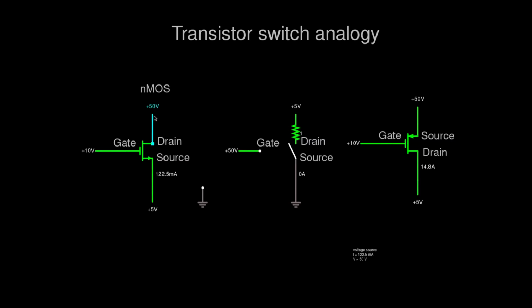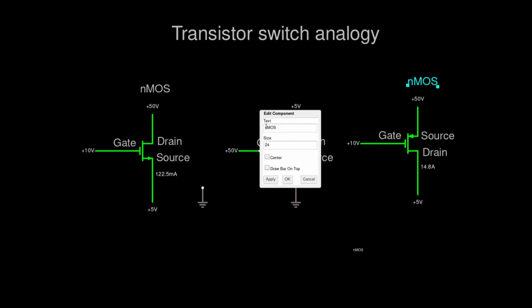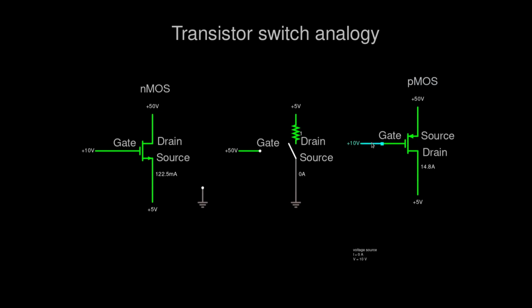So it should pass from here through here, like that. And in this case, from here to here. I shall also name it. Edit and name it. So this is the P-channel transistor.